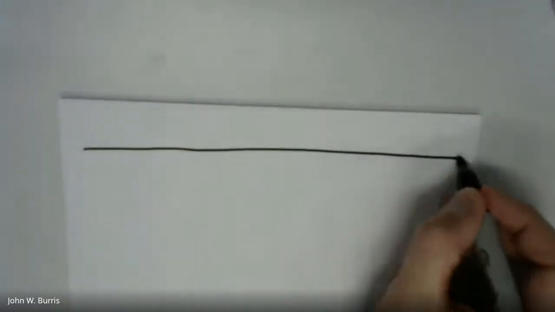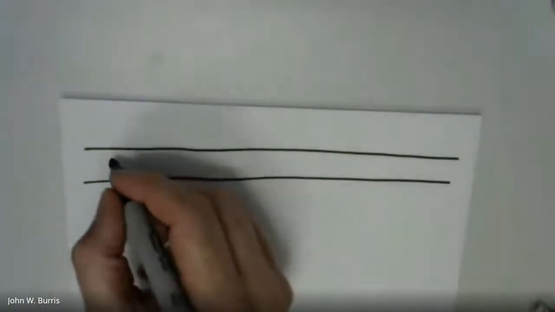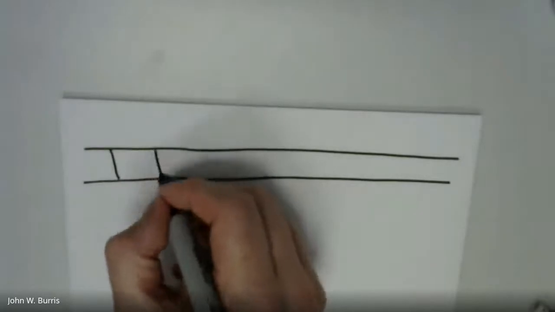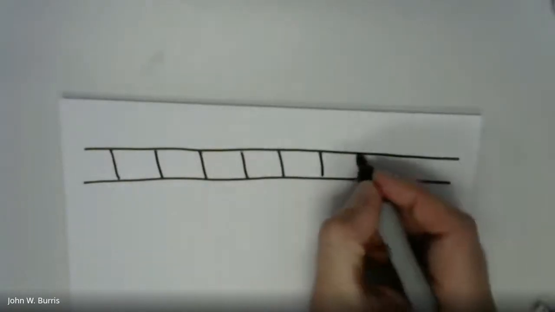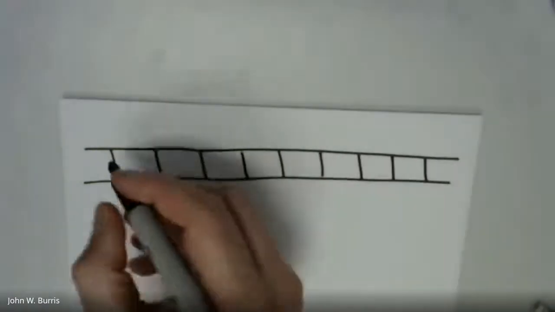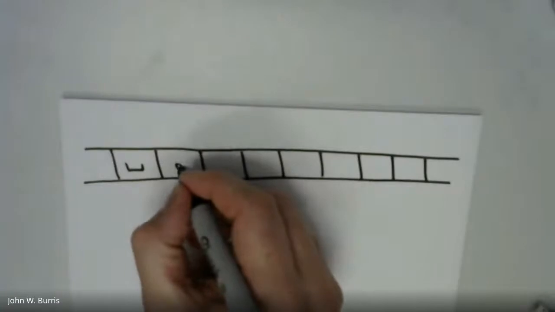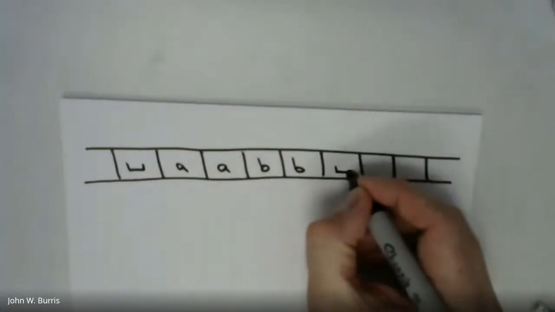And I'm not going to write the Turing machine yet. I'm just going to look at the tape. Now, we're not building it yet, but let's say that we had a string such as A, B, B.